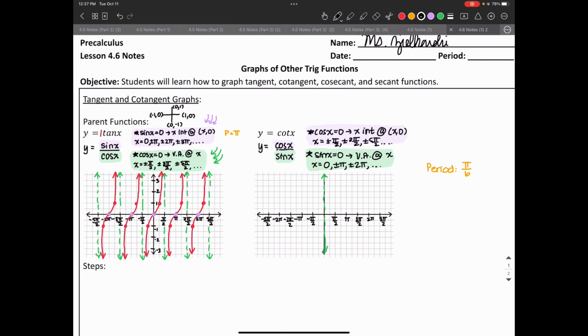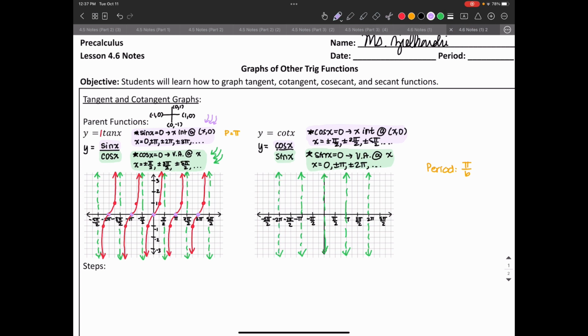And then I'm going to put the vertical asymptotes where they belong. So I have one at pi and one at negative pi, and one at 2 pi and one at negative 2 pi.